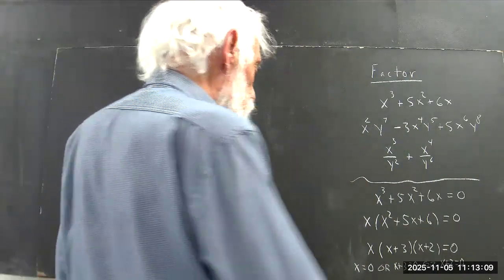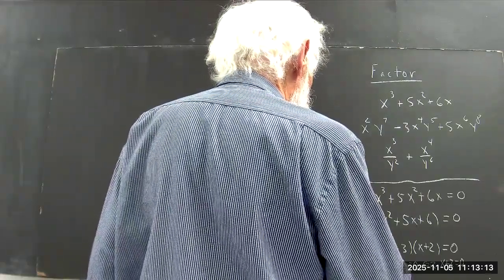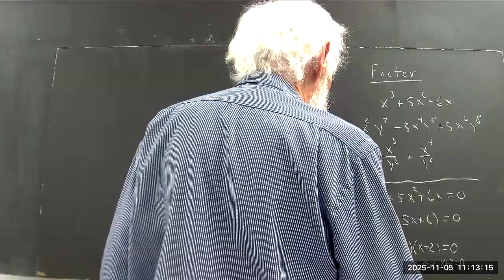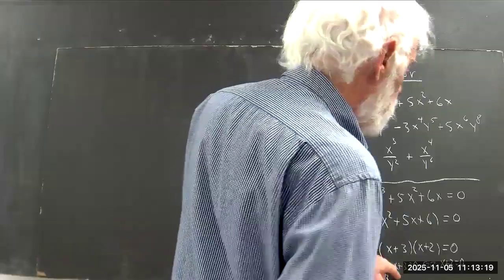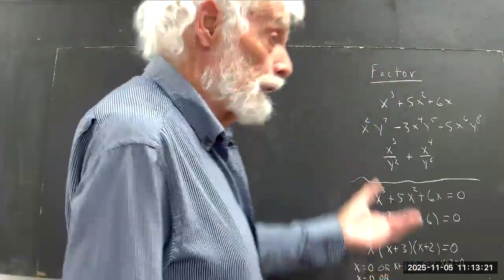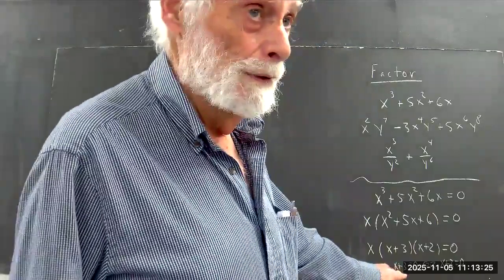Well, x equals 0. X plus 3 equals 0: you can subtract 3 from both sides and get x equals minus 3. But you can just see that if x is minus 3, that's going to give you 0.